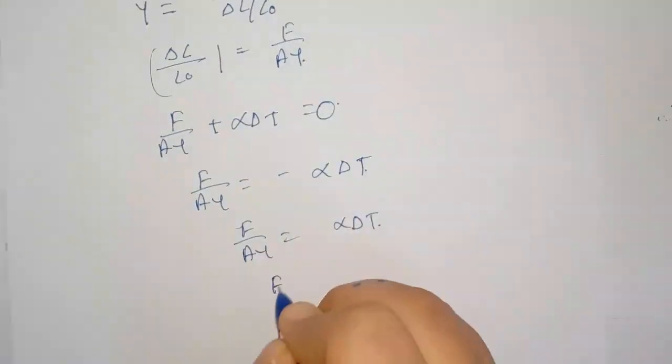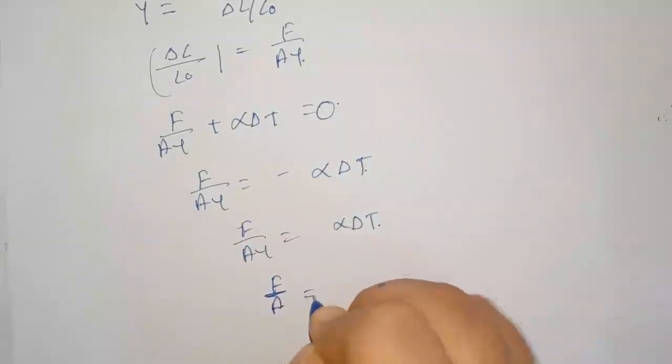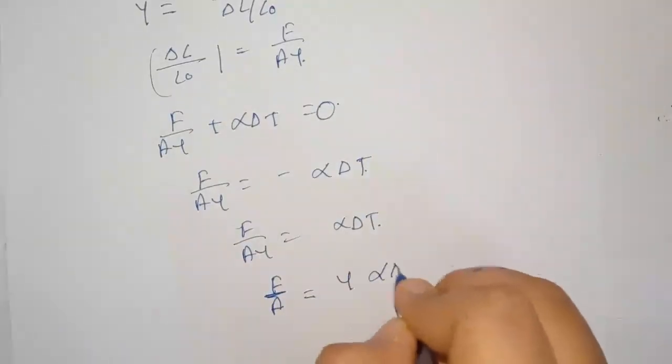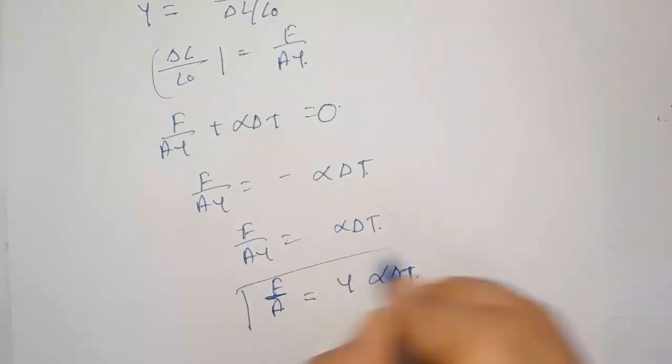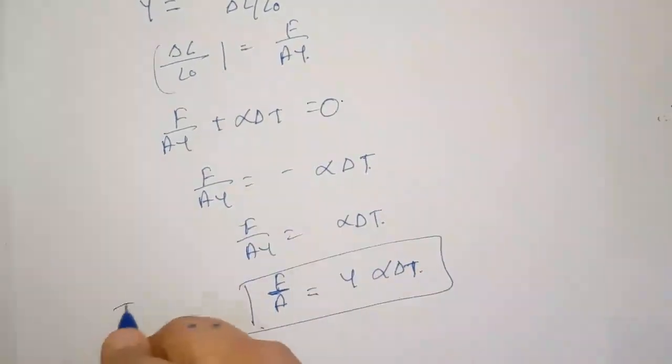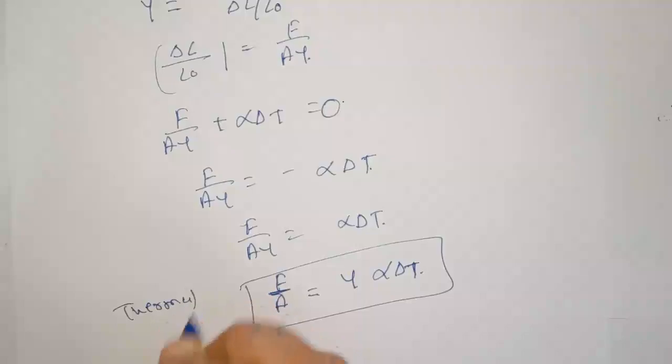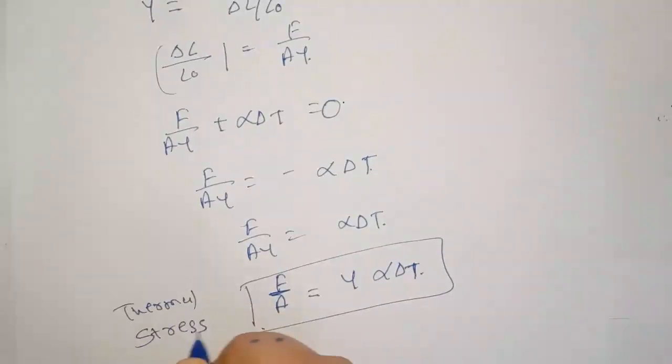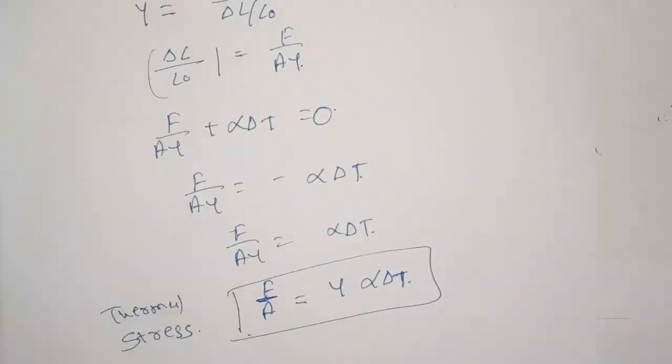So, the thermal stress F by A is equal to Y alpha delta T. This is the thermal stress produced in the rod.